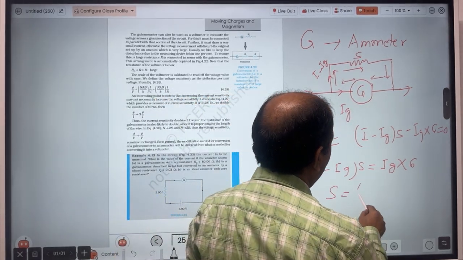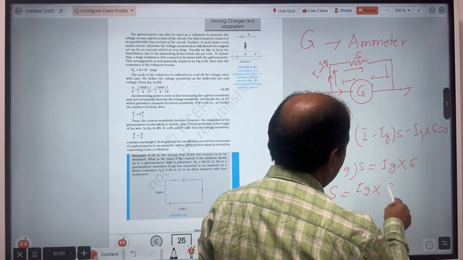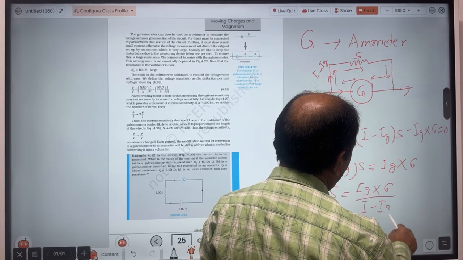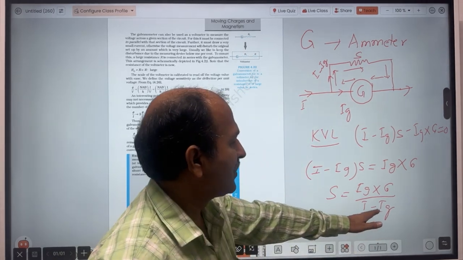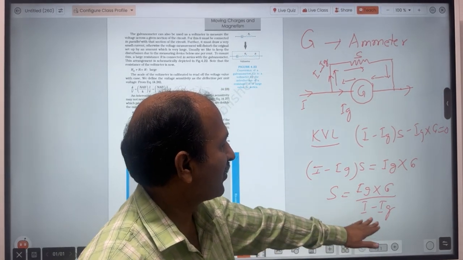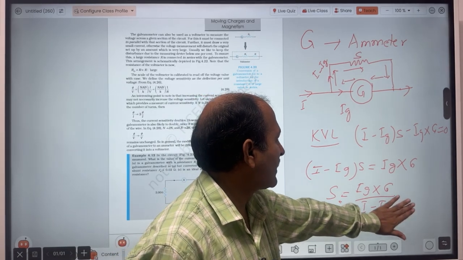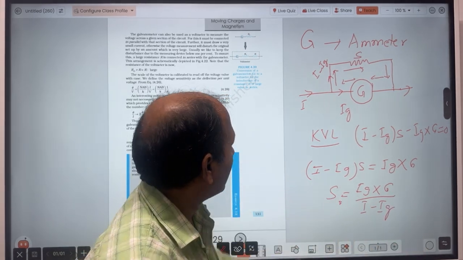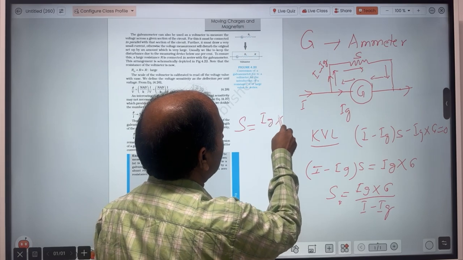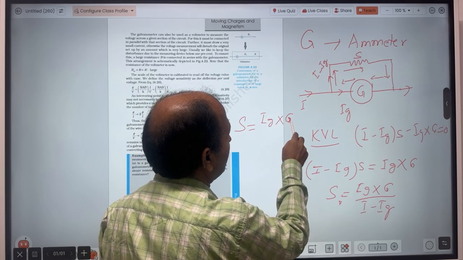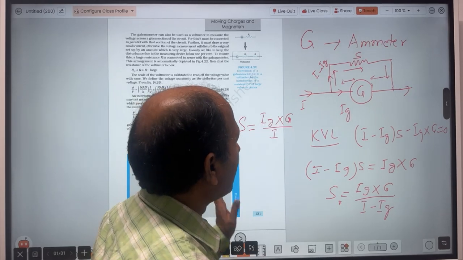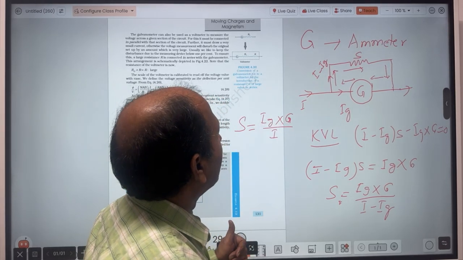So S will be equal to Ig times G divided by (I minus Ig). Since the value of Ig is very small compared to I, for calculation purposes we will remove this Ig. We will do the calculation by the formula S equals Ig times galvanometer resistance divided by I. Just use this one. I think you have understood.